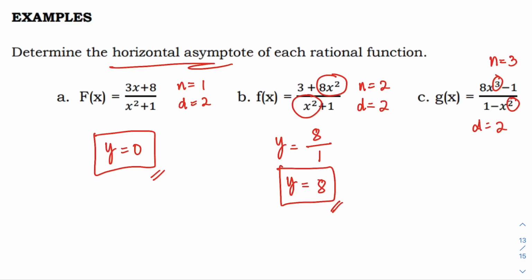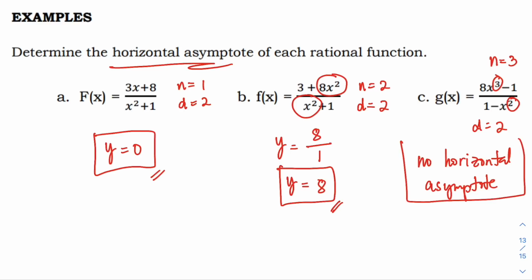So, since the degree of the numerator is greater than the degree of the denominator, so, therefore, there is no horizontal asymptote. Nakuha, guys?